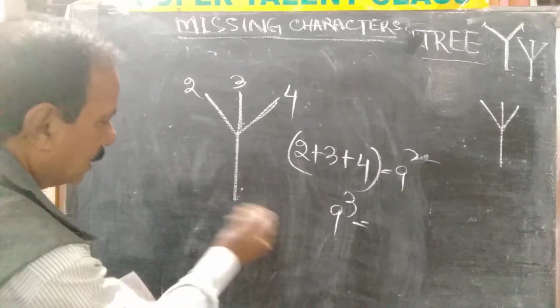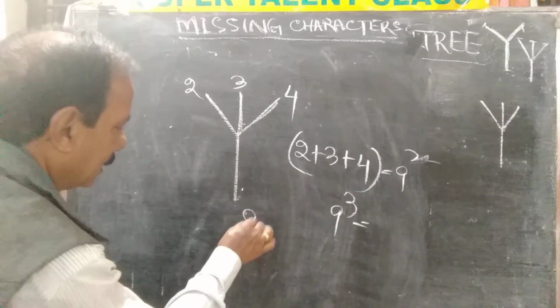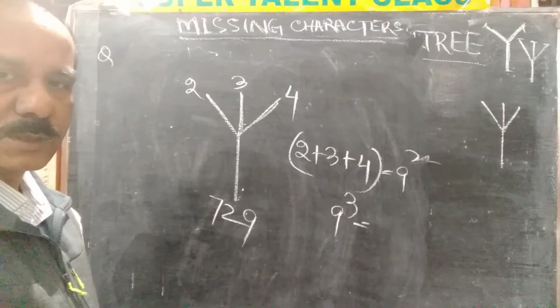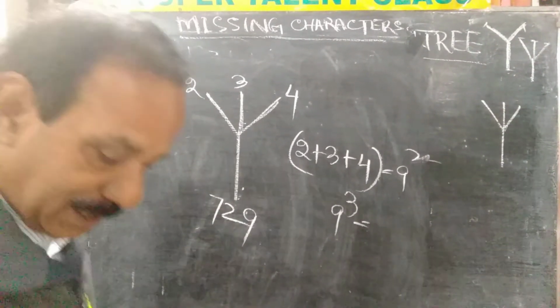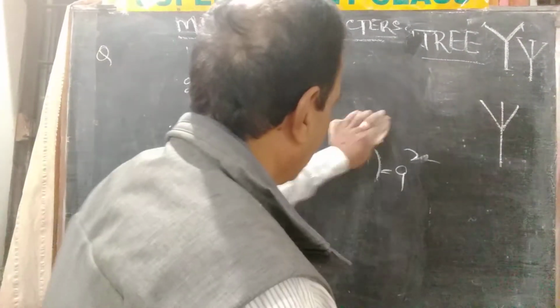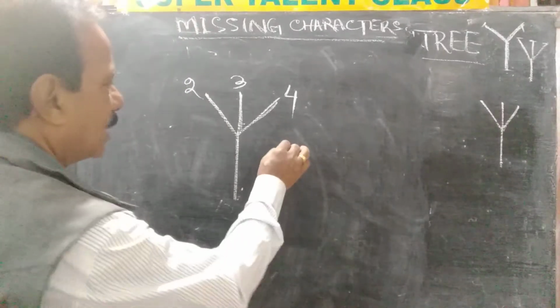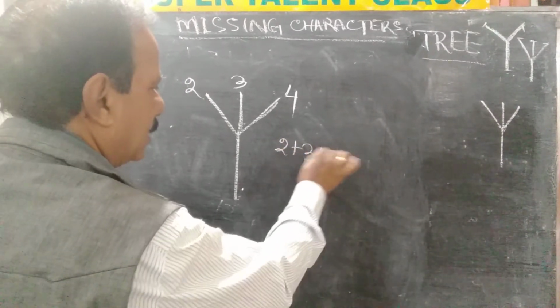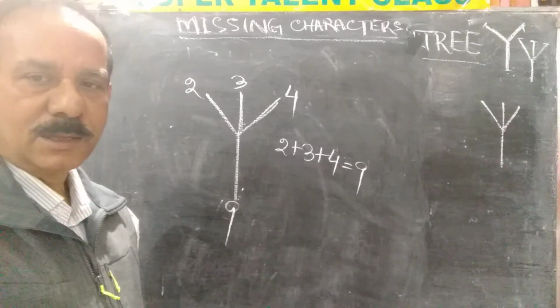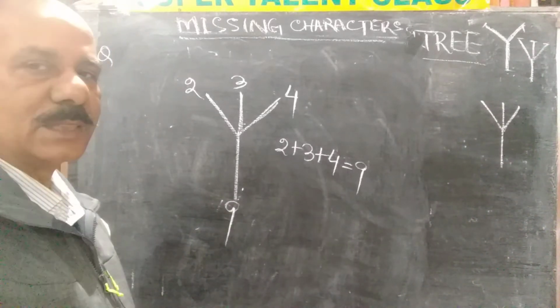Sometimes easy question, that questions I am making easy for the school level का. Same question, simple logic दे देगा. Very good. देखो 9 हो गया. Logic 2 plus 3 plus 4, 9.